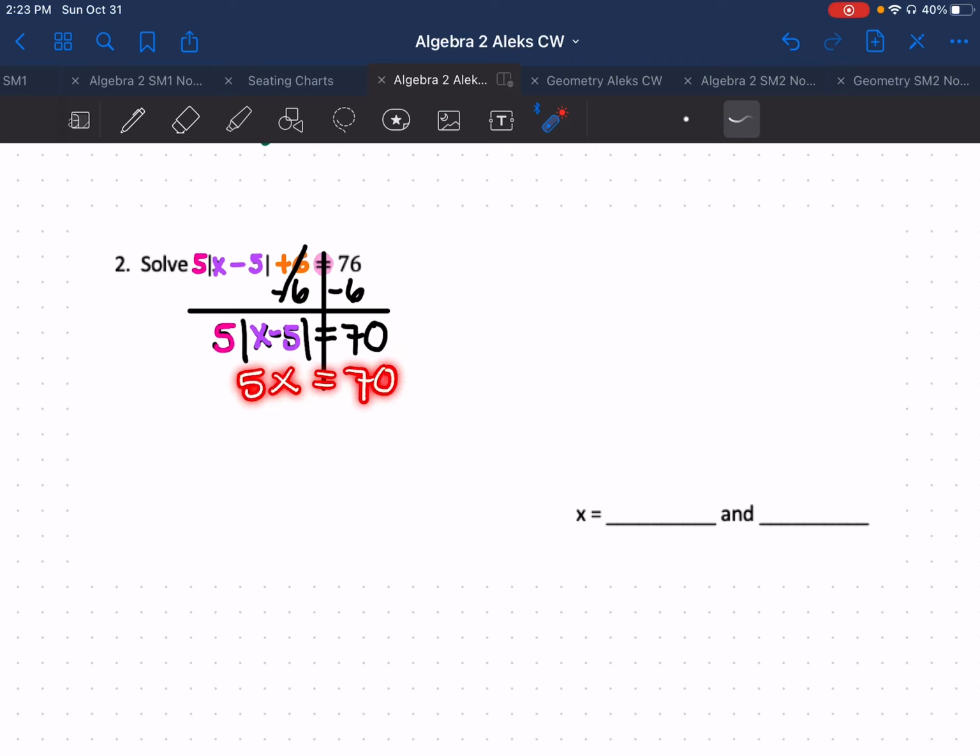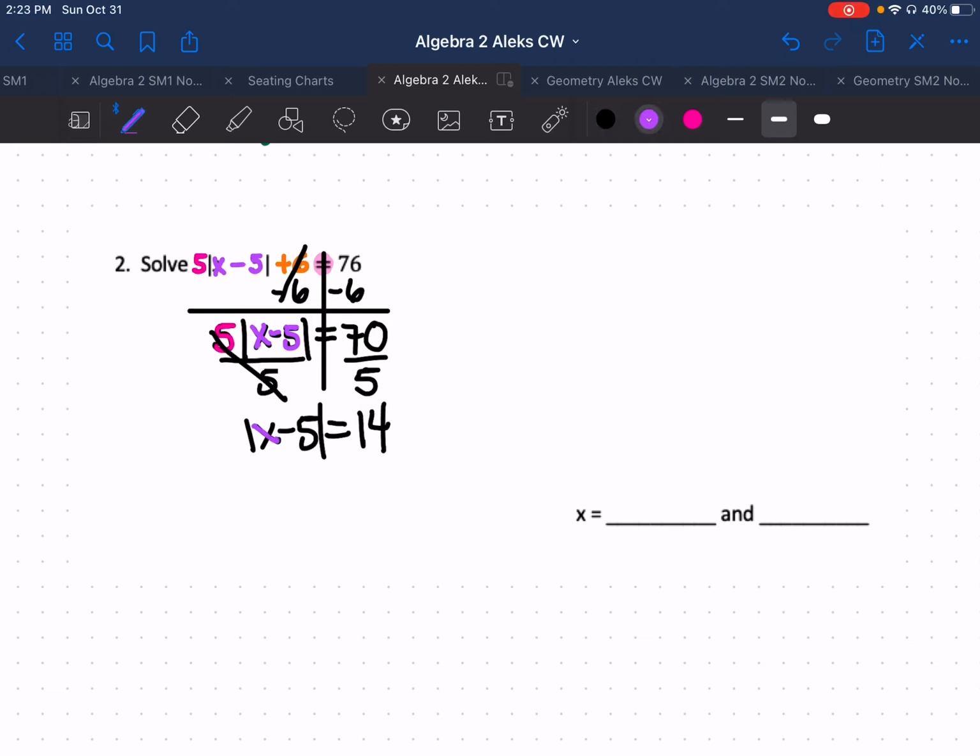To get rid of the pink 5 or the 5 in the laser, I would divide both sides by 5. So I'm going to do that as well. There we go. And now my absolute value is all by itself. There we go. I almost forgot it. And I get 14.